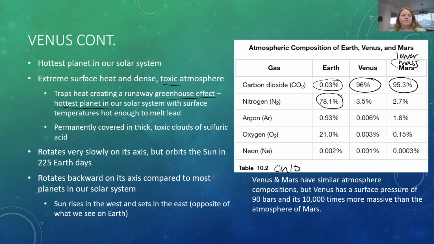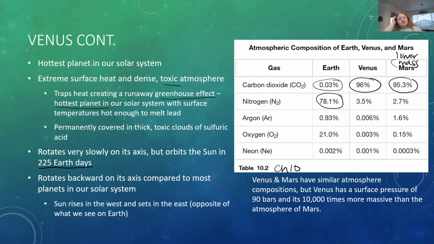So a few other things to say about Venus is that it rotates very slowly on its axis, but orbits the sun in 225 Earth days. So it takes 225 Earth days to travel around the sun, but rotates very, very slowly about its axis.